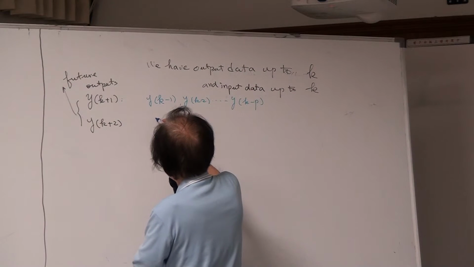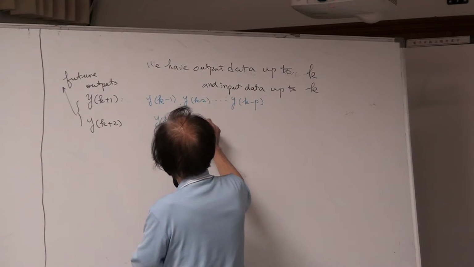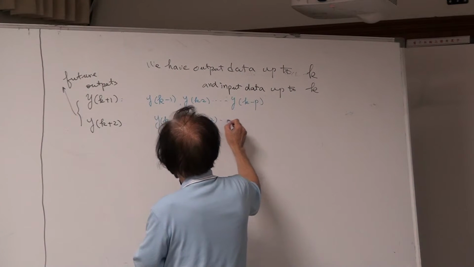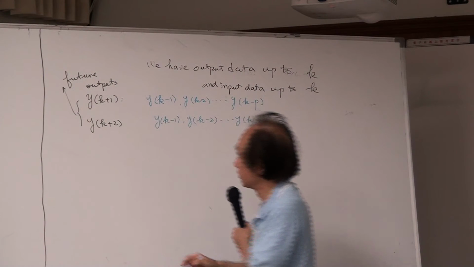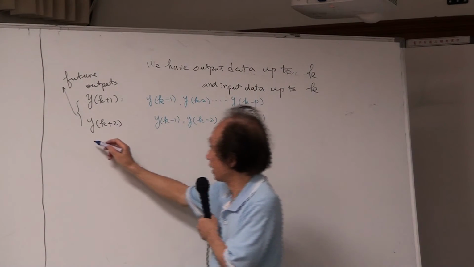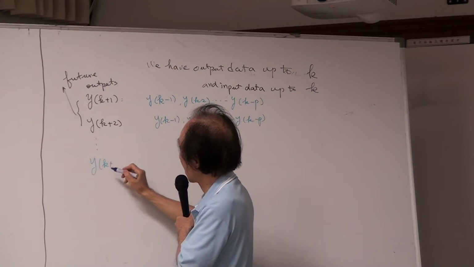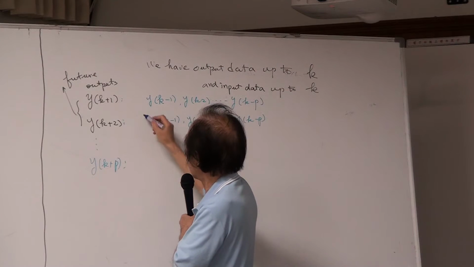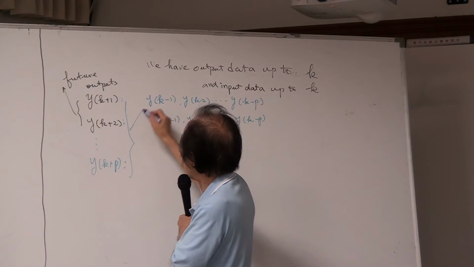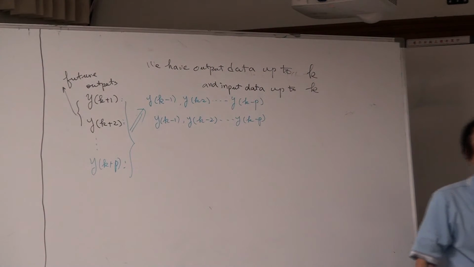I want to compute my yk plus 2 also in function of yk minus 1, yk minus 2, up to yk minus p. And so I want to say yk plus up to, maybe say p, and I can predict from those I know. All right, so how can I do that?